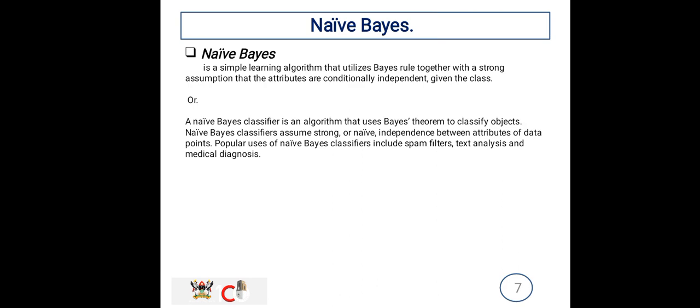It also uses Bayes' theorem to classify objects. It assumes strong or naive independence between attributes of data points. We always use it in spam filters, text analysis, medical diagnosis, and so many others.